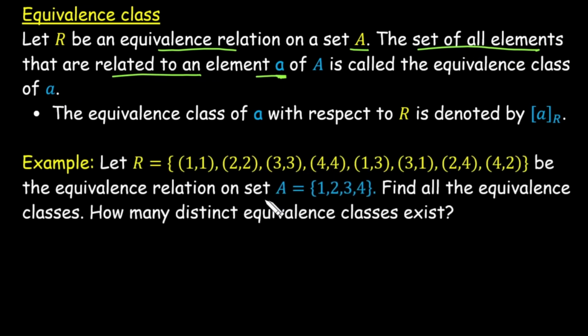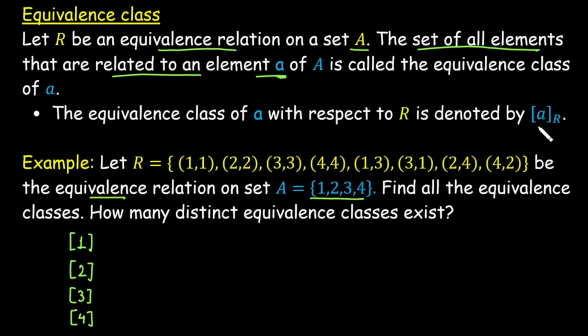Suppose we have this example, where R is an equivalence relation on the set containing four elements 1, 2, 3, 4. We need to find the equivalence classes, and predict how many distinct equivalence classes there are. The total number of equivalence classes is equal to the number of elements in the set. So total elements are 4, which means we have 4 equivalence classes in this case.